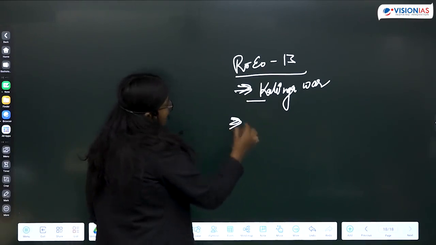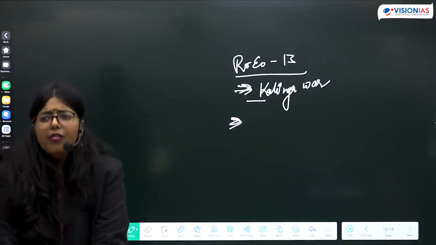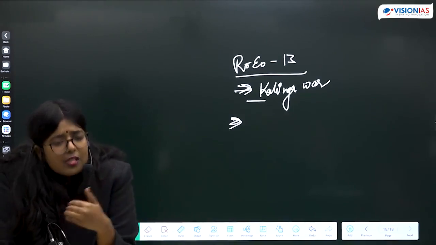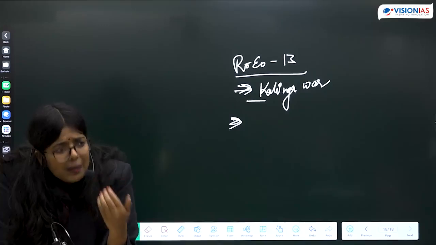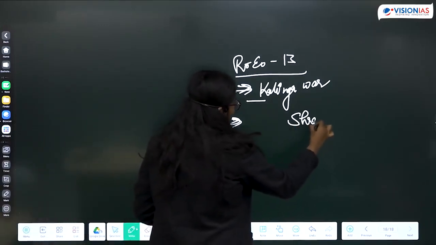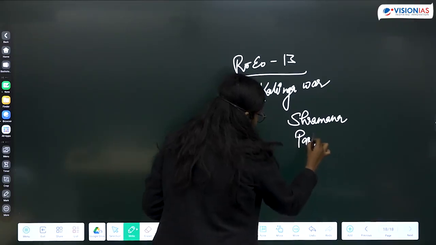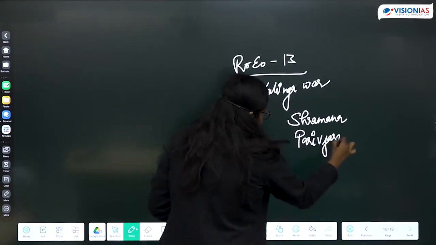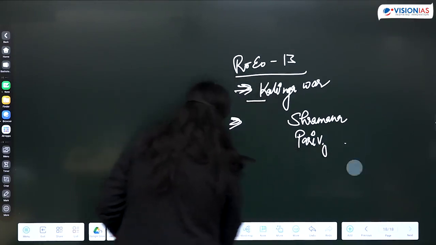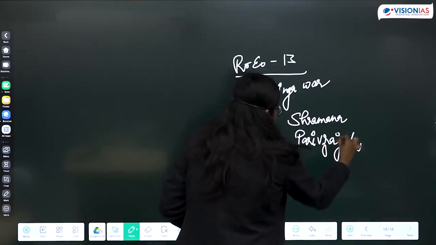After that, he again goes back to the repetition. He talks about the idea of Dhamma, that people should respect their elders, they should respect their teachers, they should respect the Shraman. These are the terms that UPSC has asked repeatedly. Shraman, Parivrajak.